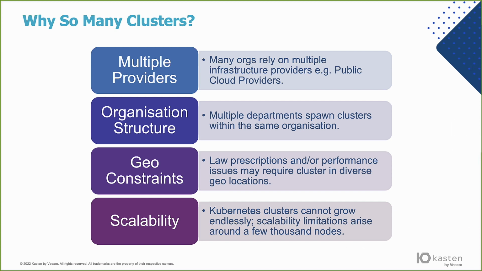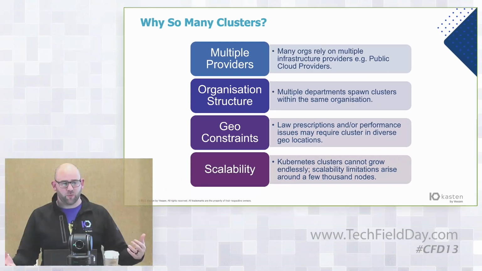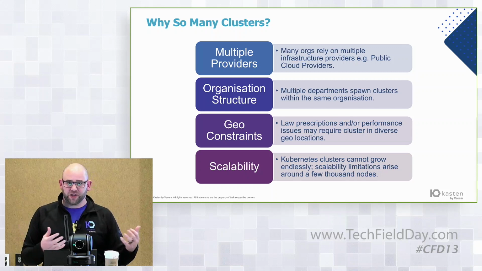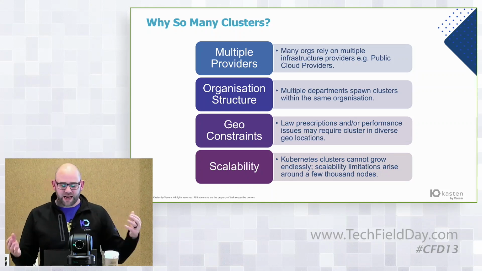So being able to pick and choose. From an organization structure point of view, it might be that an application owned by one team has been chosen for the IT team to be on one distribution of Kubernetes, and you then inherit that. Then also geo constraints, depending on what that application is, we might need to pick and choose what that needs to look like. Scalability as well.